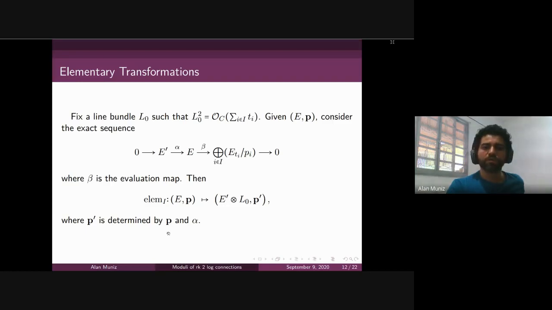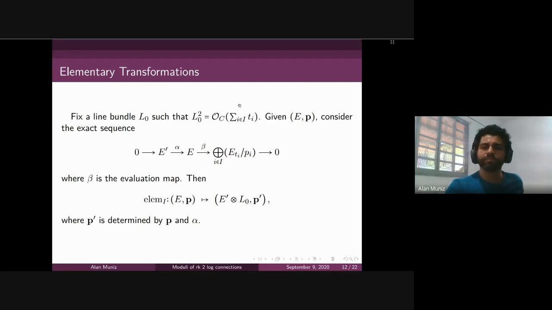Just to point out what this map is and why we require this subset I to be of even cardinality.